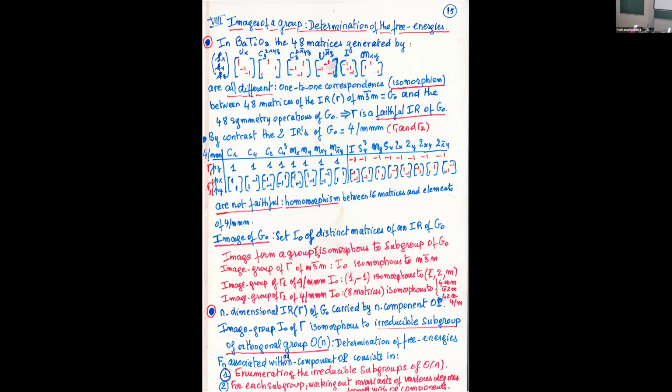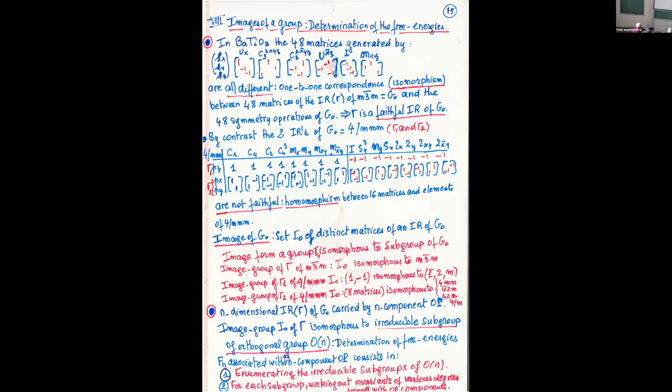Now, let's go a bit further. The n-dimensional irreducible representation of G0 carried by the n-component order parameter. The image group I0 of gamma is isomorphous to an irreducible subgroup of the orthogonal group O(n). Why? Because first, all the matrices are real, they are unitary, and so they are orthogonal.